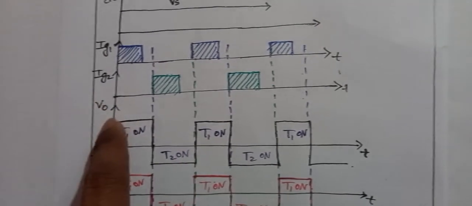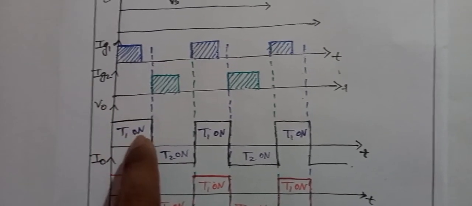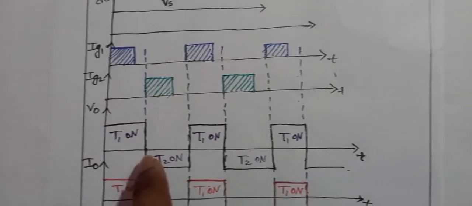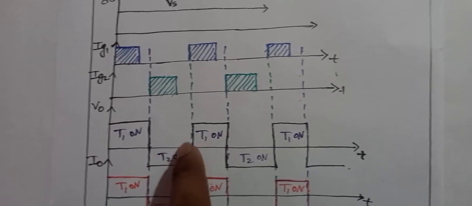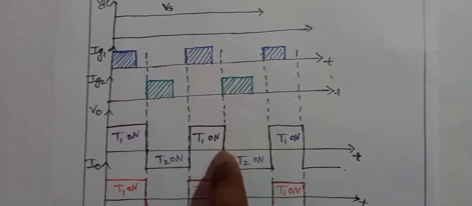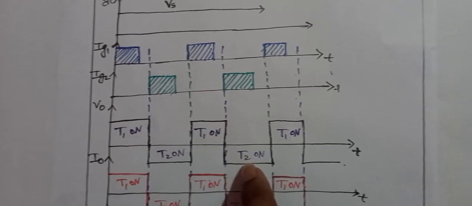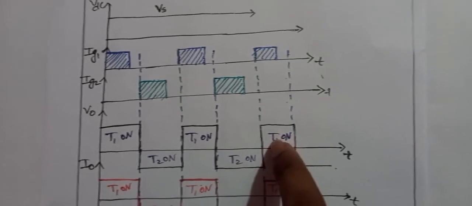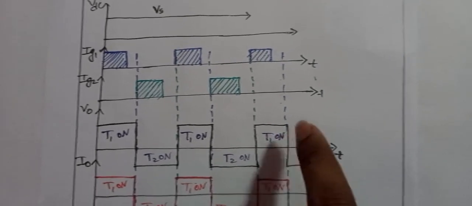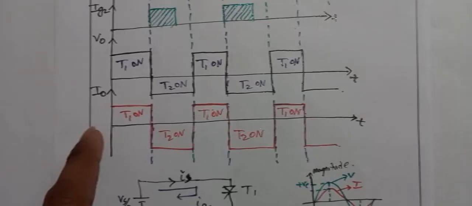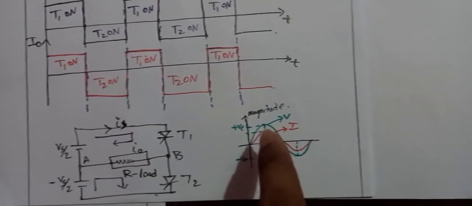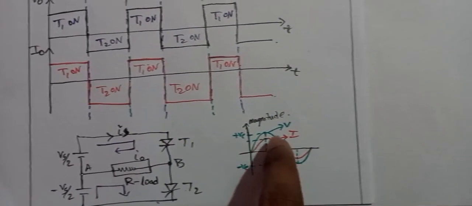So when T1 is in turn on condition we get the positive half cycle, and when T2 is in turn on condition we get the negative half cycle of the voltage. Alternately T1 is on, then T2 is on, then T1 is on. The same thing for current: already we discussed that voltage and current are in the same phase.